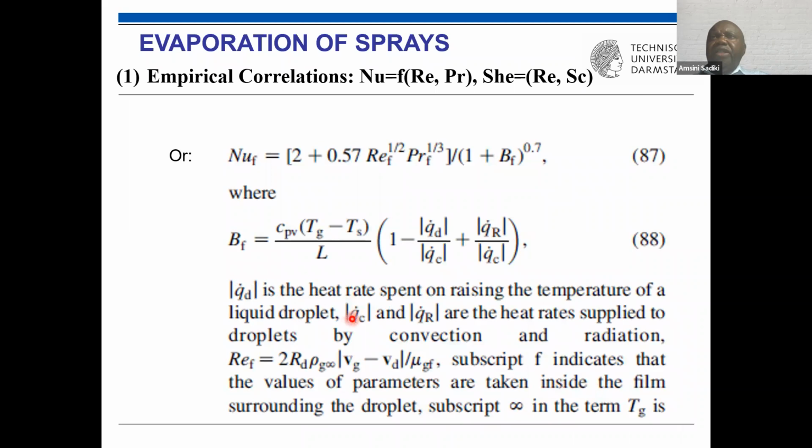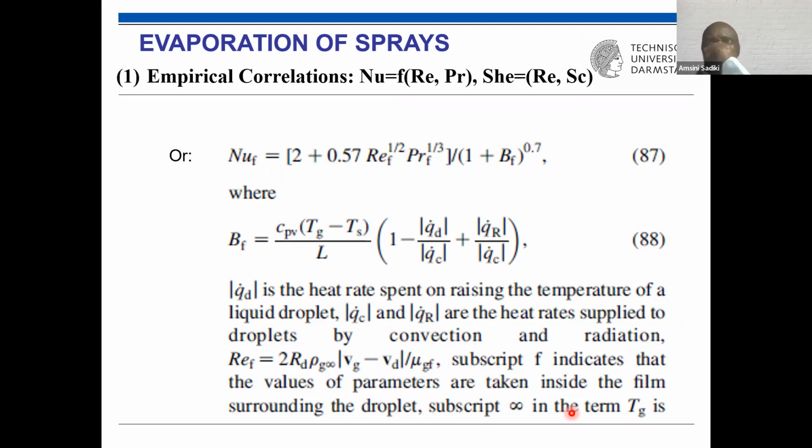And this one is the heat rate supplied to droplets by convection. This is convection, and this is by radiation, if we also have radiation. The Reynolds number is clear for us, we have introduced this, and these other parameters are also known.